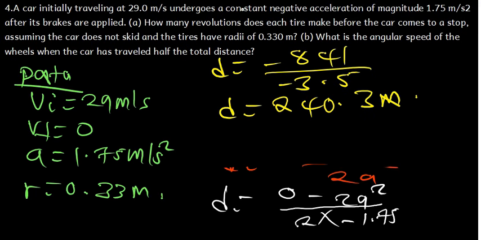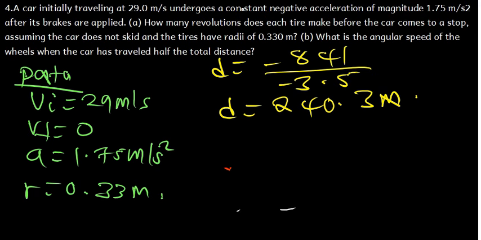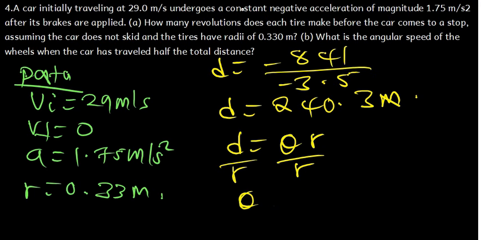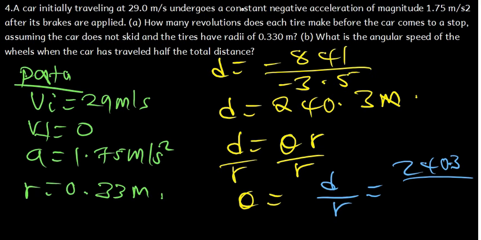Now, after finding this, we have to use that relationship for us to find the revolution. But first, we're going to find it in rad. So we're going to say the angular displacement is equal to theta times r. Our goal is to find theta. We'll divide both sides by r. So theta will be equal to d divided by r. So let's see, d is 240.3 divided by the radius, which is 0.330.